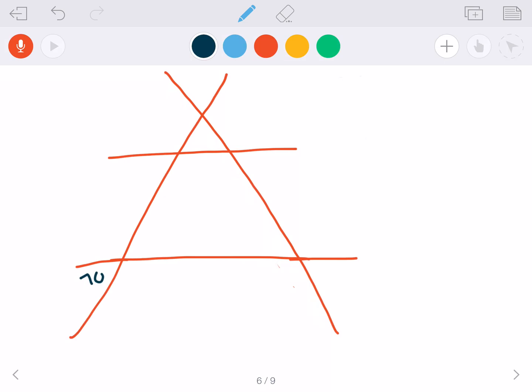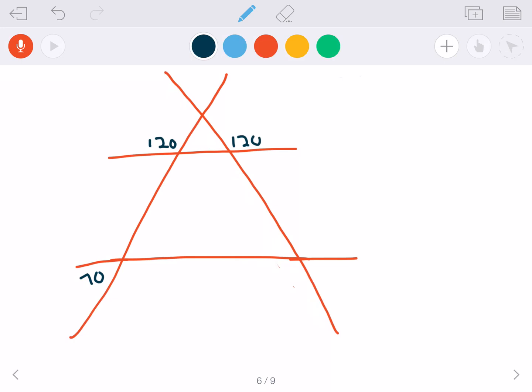Maybe this one is 120. And this one here is, I don't know, like 100. Let's say this one's 120 as well. If we're trying to find all of the other angles that you see in this picture, we're going to use a couple things that we've talked about in previous problems.